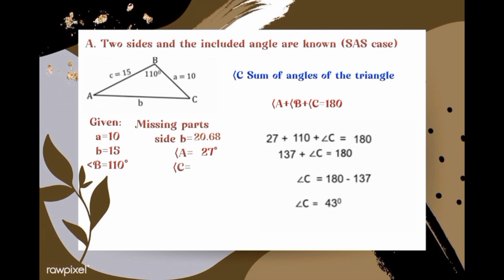So we add 27 plus 110, which is 137, plus angle C is equal to 180. So we move the 137 to the right side. So when we move it, the 137 becomes negative. So we have angle C is equal to 180 minus 137. So we have 43 degrees. So the value of our angle C is 43 degrees.